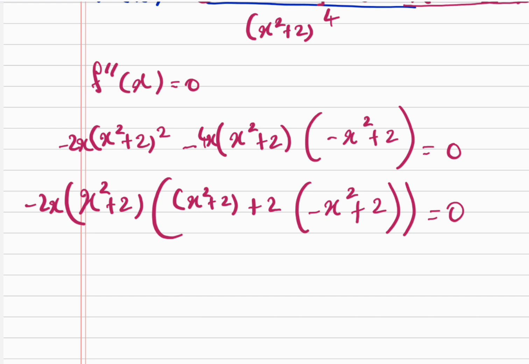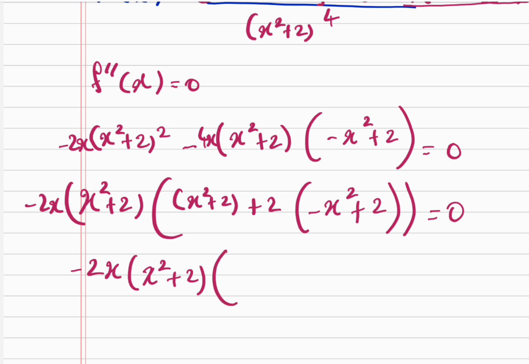And okay, now we have this. We are at a position to solve the equation. But before solving, I think I can simplify this bracket one step further, so this bigger bracket. So we have minus 2x times x squared plus 2.